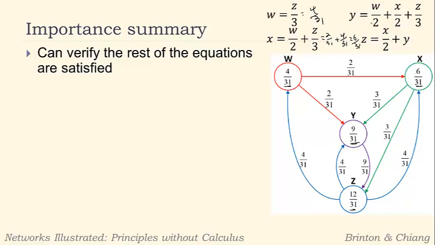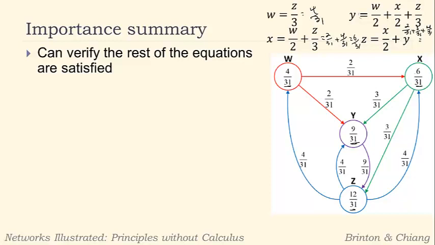Now, this equation 2, which we didn't actually use, if you recall. We didn't use this equation for Y here. But it's W divided by 2, which is 2 over 31, plus X over 2, which is 3 over 31, plus Z over 3, which is just going to be 4 over 31.